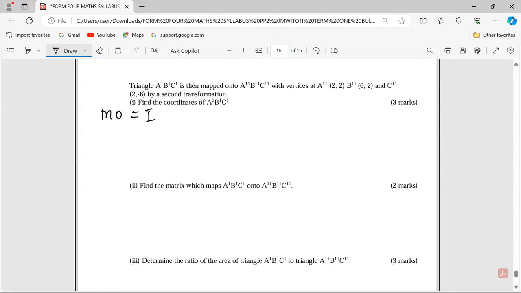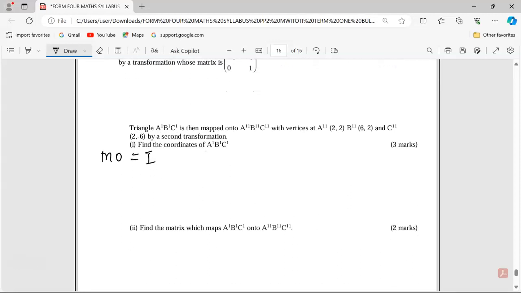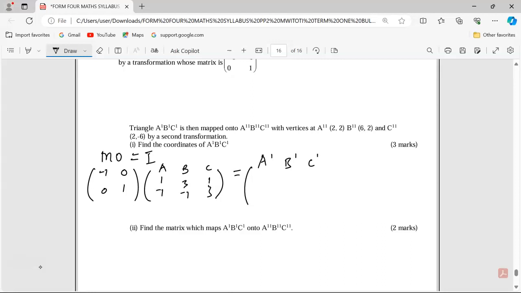We'll use the matrix [-1, 0; 0, 1], which is going to multiply the triangle A(1, -1), B(3, -1), and C(1, 3), so that we may get the image A', B', C'.